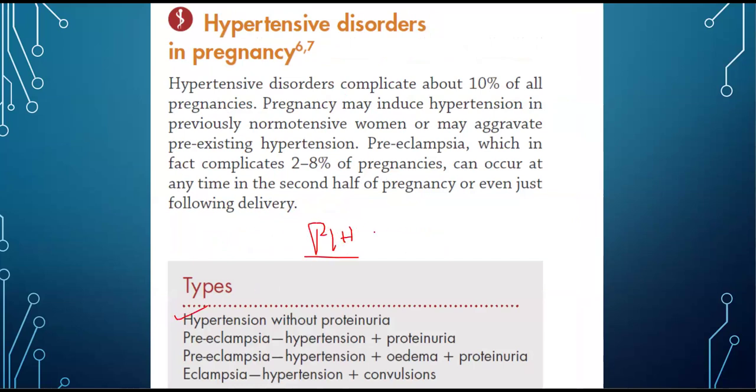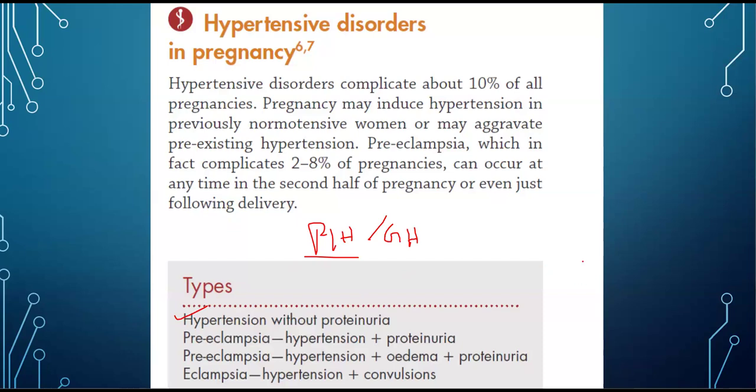One is pregnancy-induced hypertension or gestational hypertension, where the patient develops hypertension after getting pregnant, ideally after 20 weeks of pregnancy. If a patient only gets hypertension after 20 weeks of pregnancy or later, that patient will be known as pregnancy-induced hypertension.